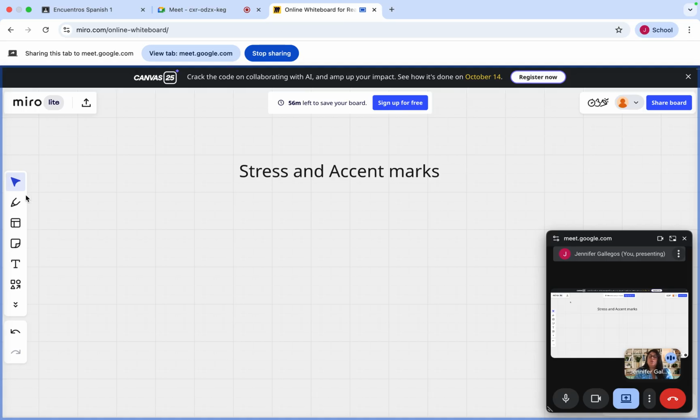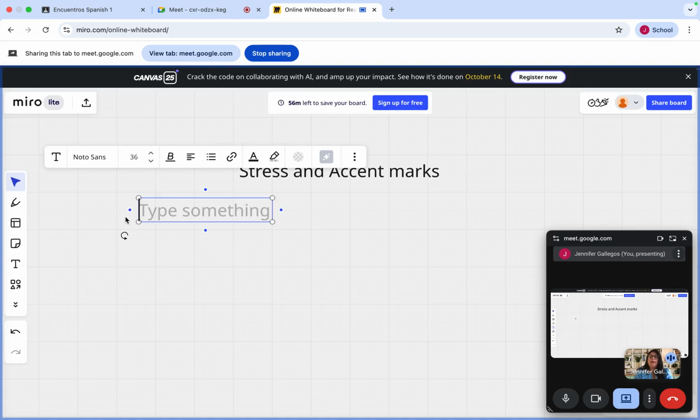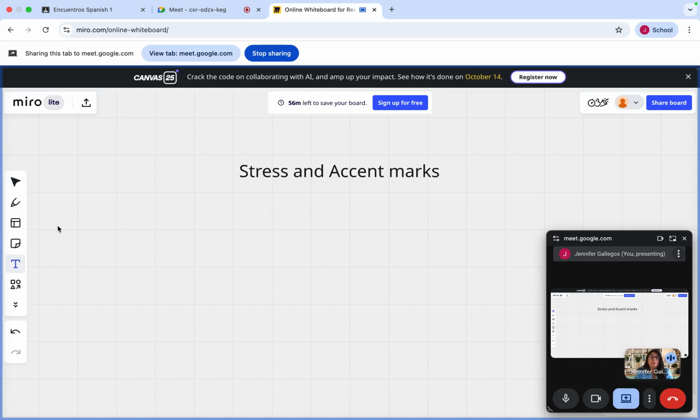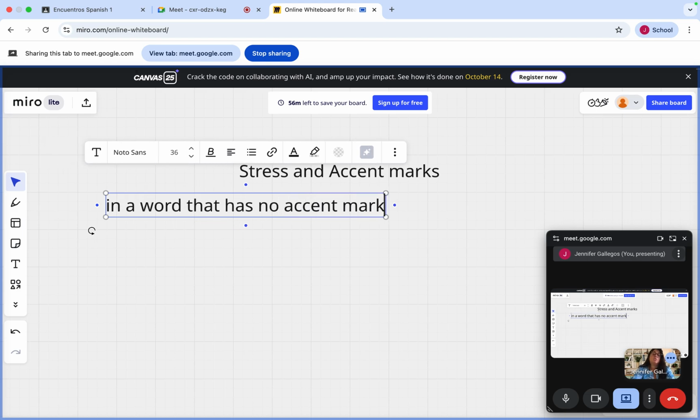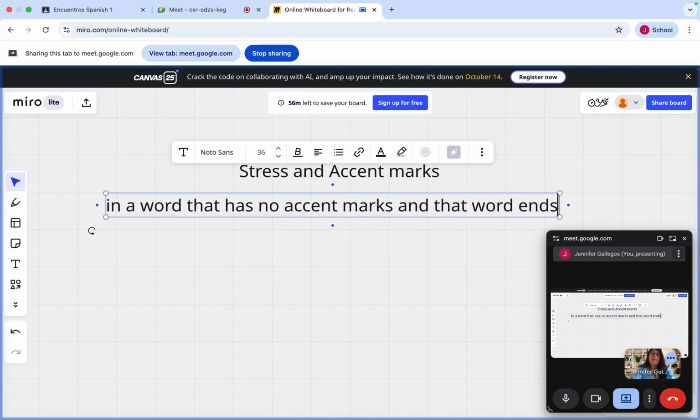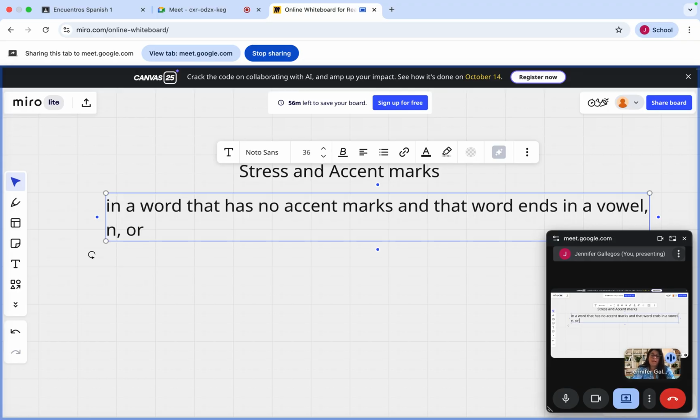So we're going to look at a rule. We're not going to really deal with the accent mark, but what we're going to say is, in a word that has no accent marks, and that word ends in a vowel, an N or an S, then the stress is on the second to last syllable.